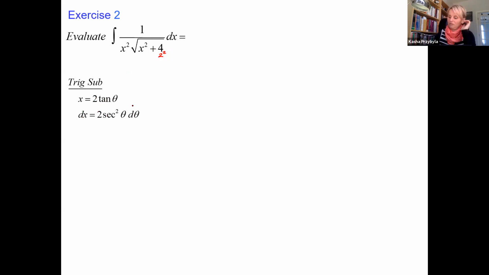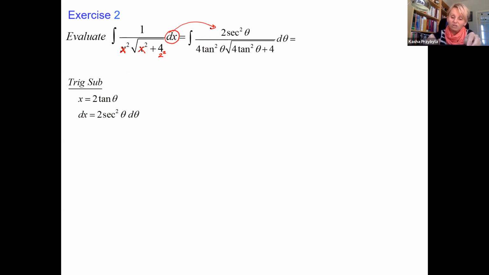Let's rewrite everything. x squared will be 4 tangent squared theta, and please remember dx is 2 secant squared theta d theta. Let's take care of just this square root, because that's the point.